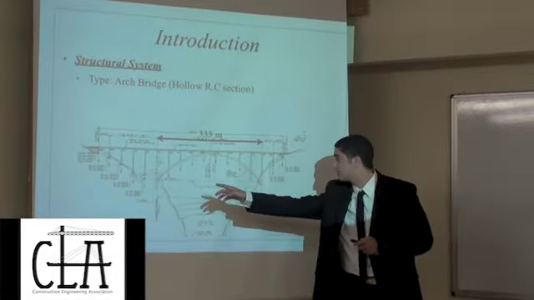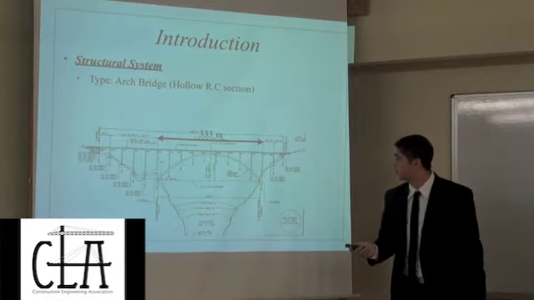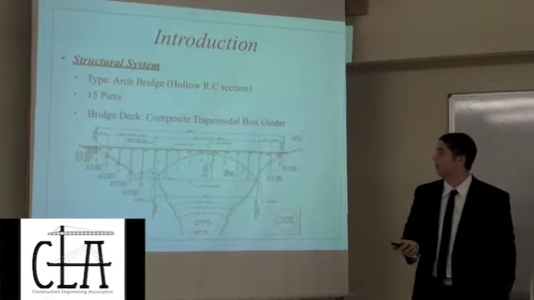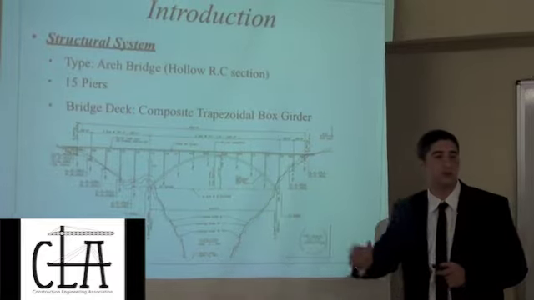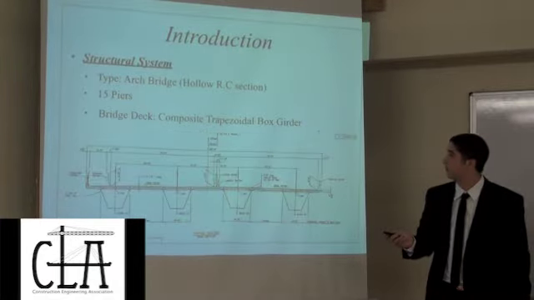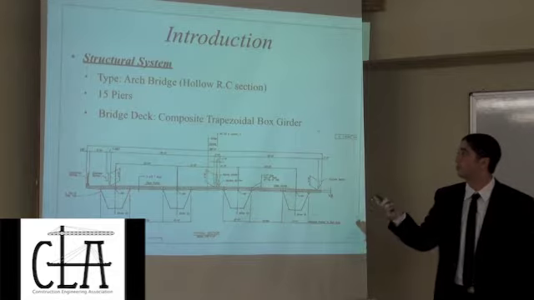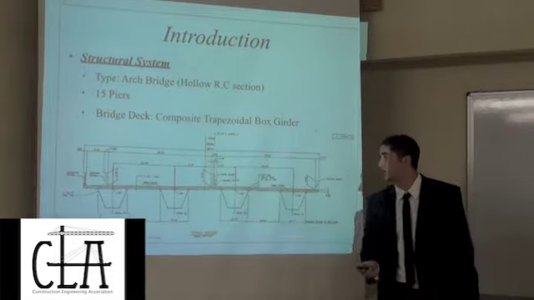So this is actually the distance where you can put no foundations at all. The bridge is supported on 15 piers. The distance between each pier is around 34 meters. And of course, the bridge deck is a composite trapezoidal box girder, as seen in the slide.